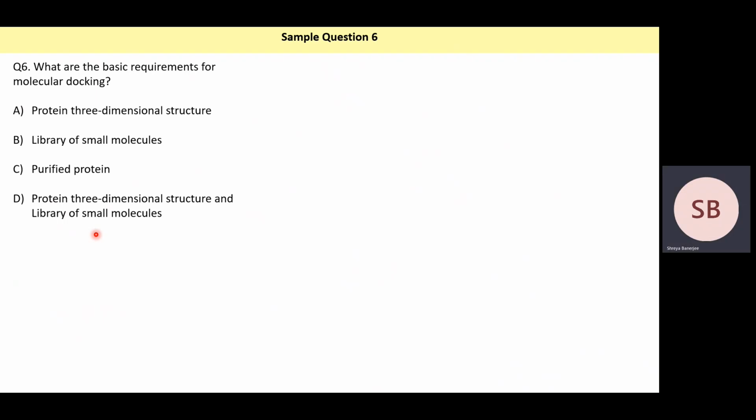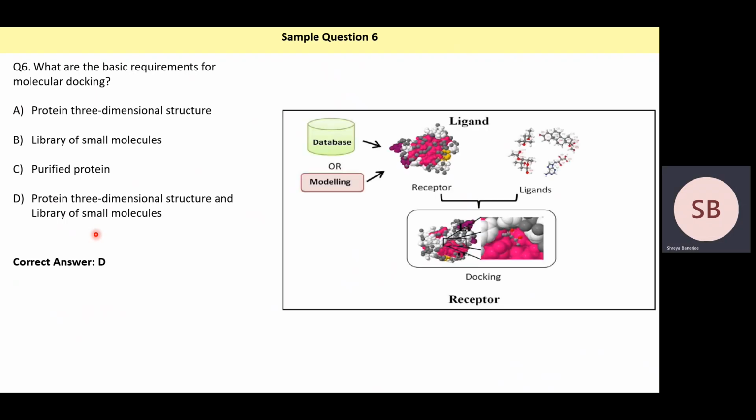So the correct answer is D. Basically for molecular docking, what you need is the 3D structure of the protein or receptor. And this is generally obtained from databases like the protein databases or by modeling. And a library of small molecule ligands is required. Then the molecular docking can be done.